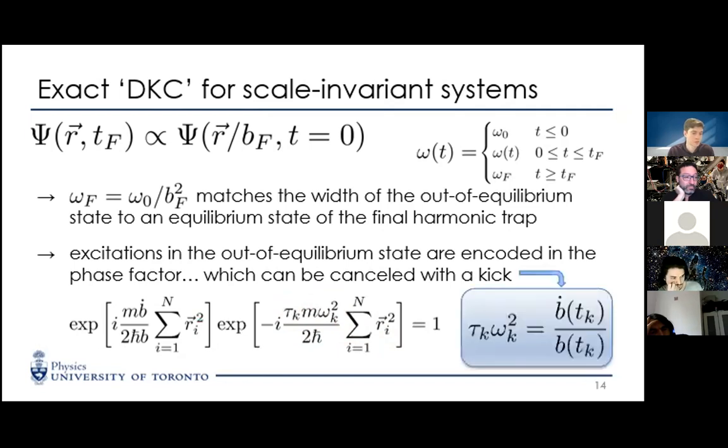So if you stare at this long enough, you'll notice that most of these variables cancel, and we can cancel this excitation, or this phase factor, by setting the strength of our kick equal to this combination of the scaling factor: b dot, the time derivative at the time of the kick, over the scaling factor b at the time of the kick. And this is the main result of this work, that we can now calculate the strength of the kick required to cancel excitations of the expanding cloud, given that we can solve for the time dependence of the scaling factor.